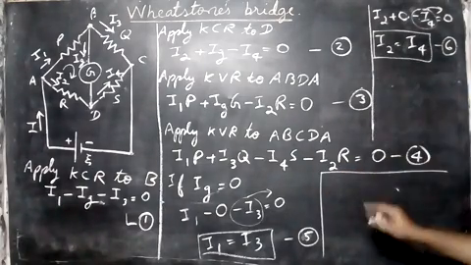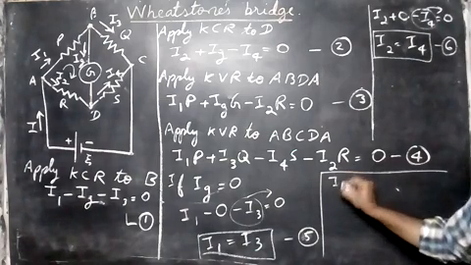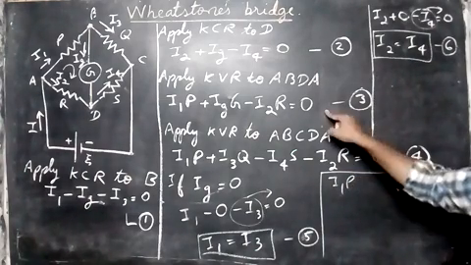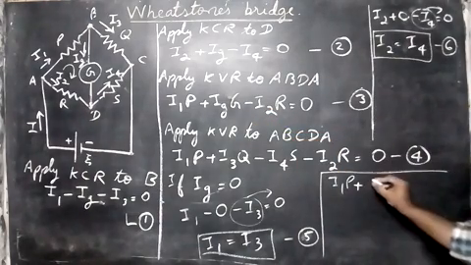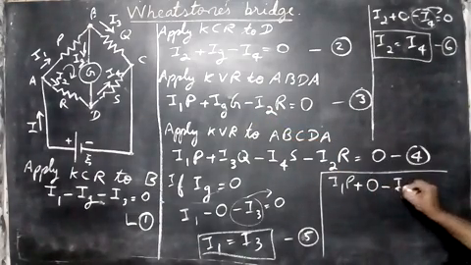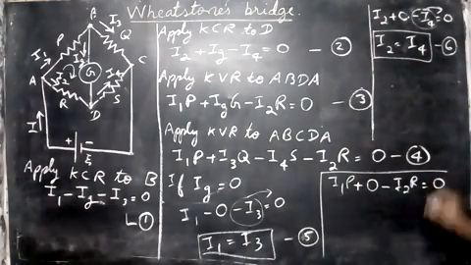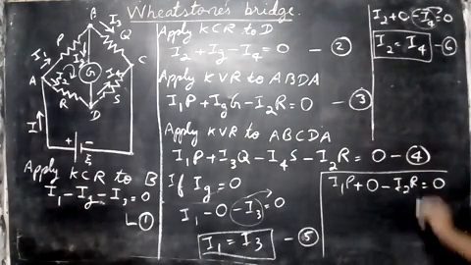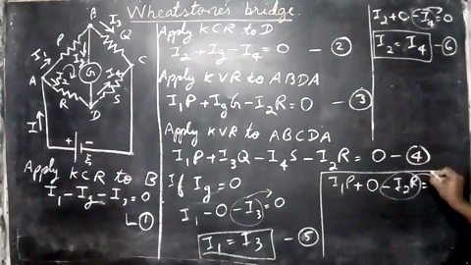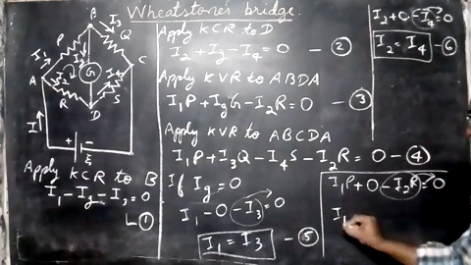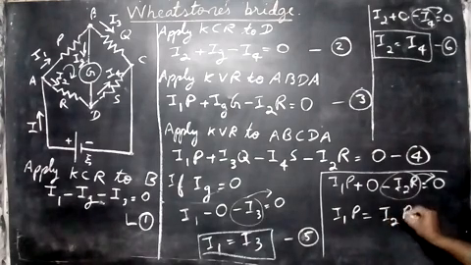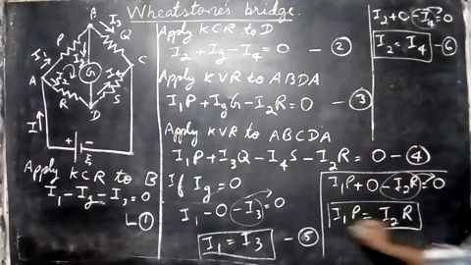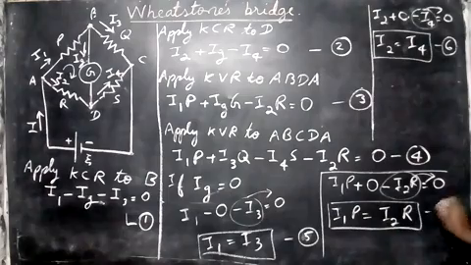So I1 into P, from equation 3, plus IG G becomes 0, so minus I2R is equal to 0. Then I take minus I2R to the right side, so it becomes plus. So I1 into P is equal to I2 into R. This one we take as equation number 7.